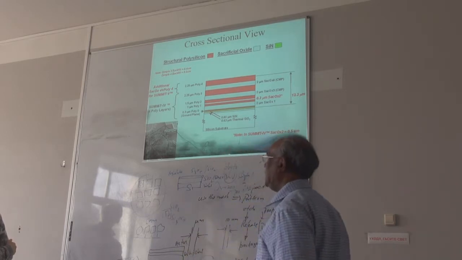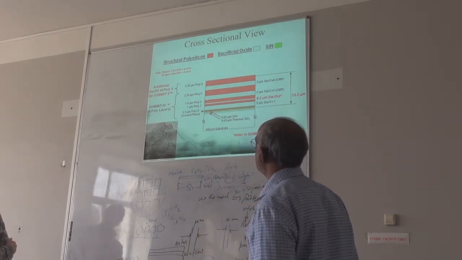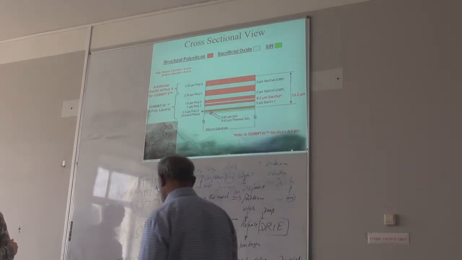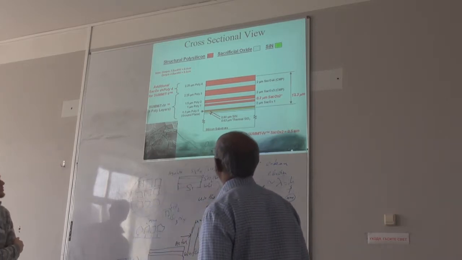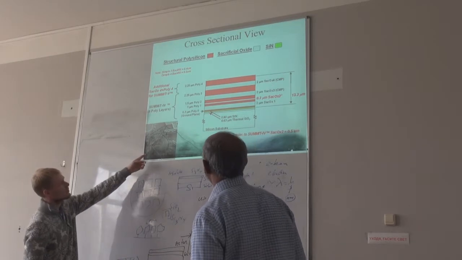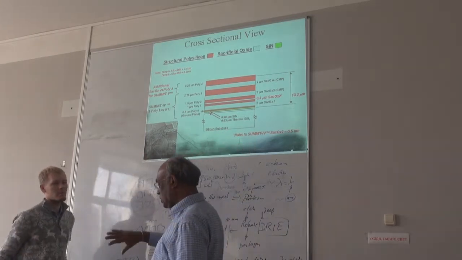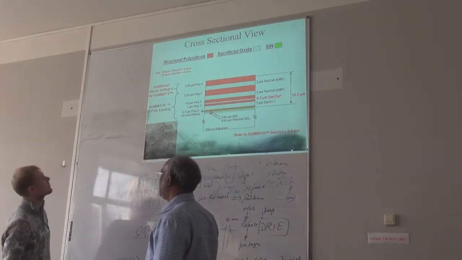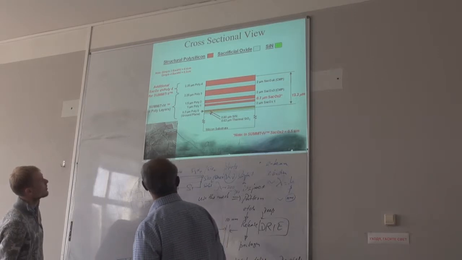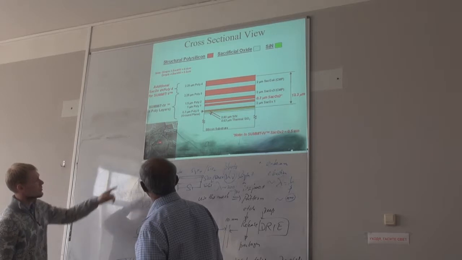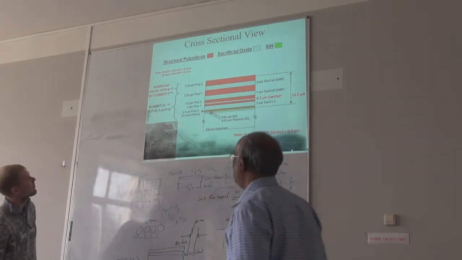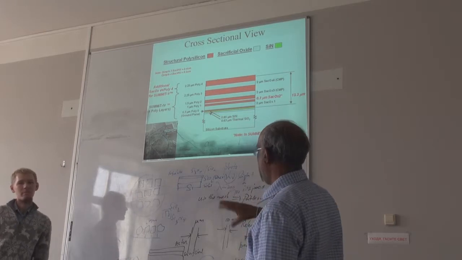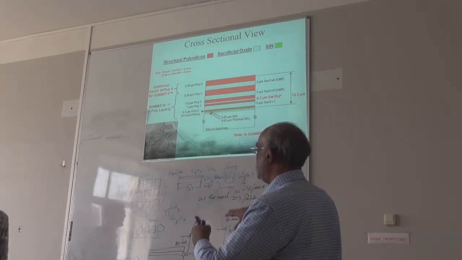This is an example from Summit, that is the company. They call it a micro gear, coming from these polysilicon multilayers. It really works, rotates, but you have to have some electrical stimulus.